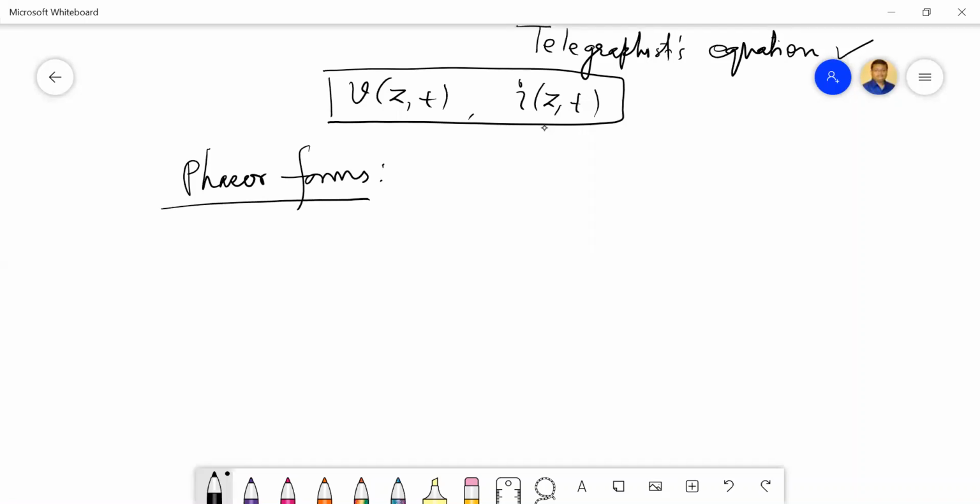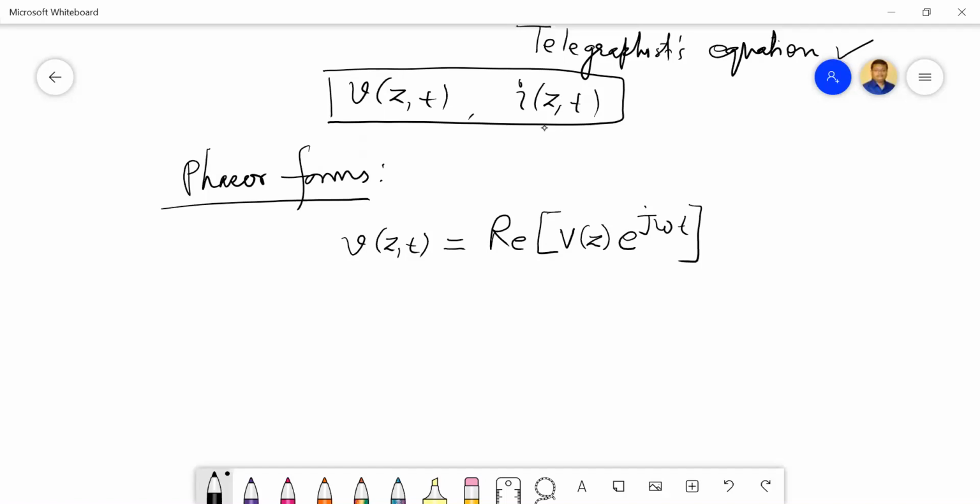And if you write v as a function of z comma t in a phasor form, how will it look? This will be the real part of v, the function of z, meaning only the space. You can see here v is a function of space z, xy, maybe xyz also, we are going into 3D geometry, into e to the power j omega t.